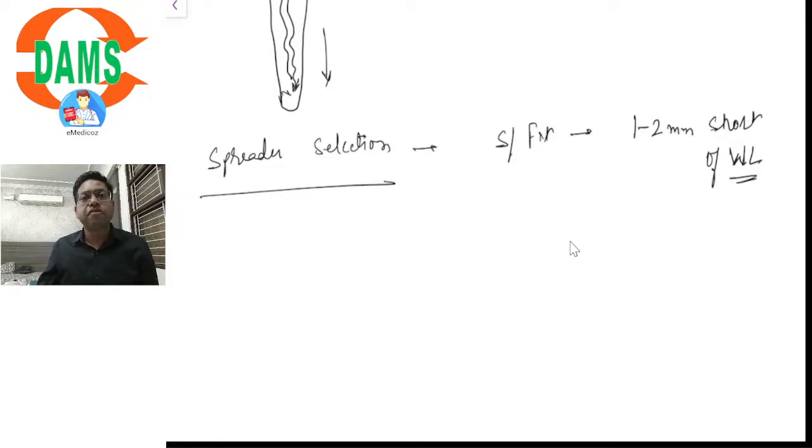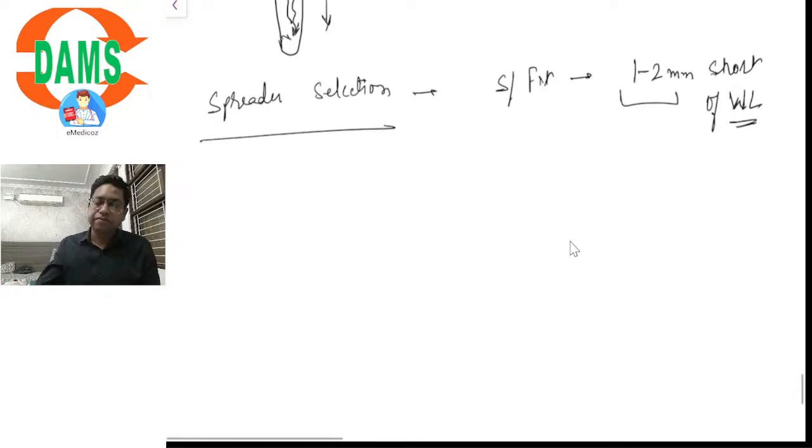So size of spreader would be larger than size of the master cone, isn't it? If it is equal to the master cone, it would go to the full working length. But what we have to choose? We have to choose a spreader that is 1 to 2 millimeters short of the working length. Okay. Second thing is spreader taper.